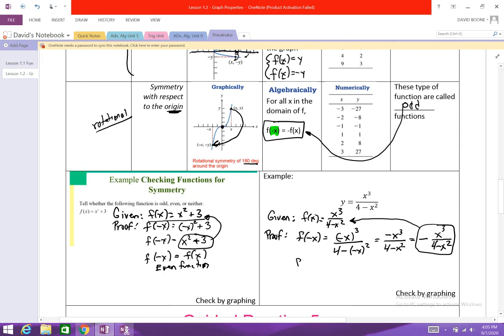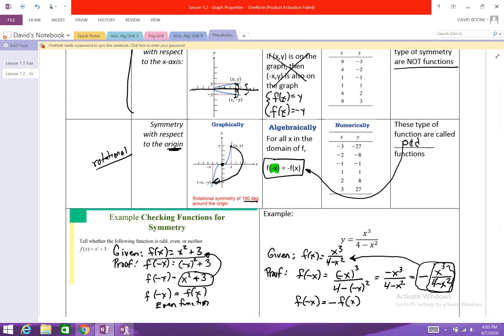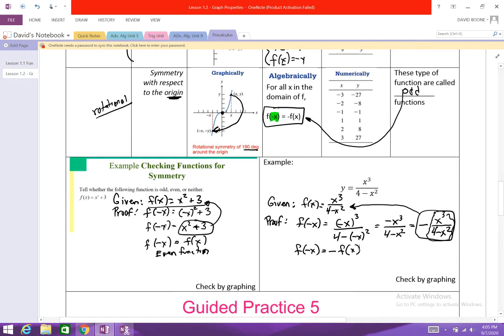So I take f, put negative x in. When I look at this f of x, it's right here. This part is that f of x, but it's got the negative up front. So it's a negative f of x. And looking back up here, when that happens, you've got an odd function.